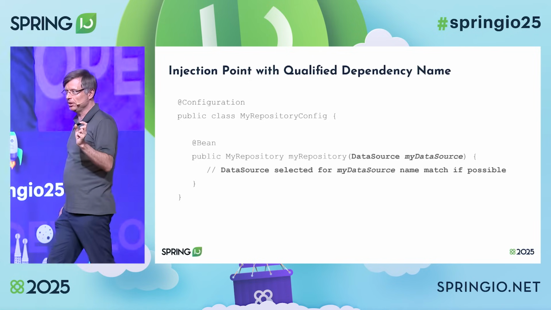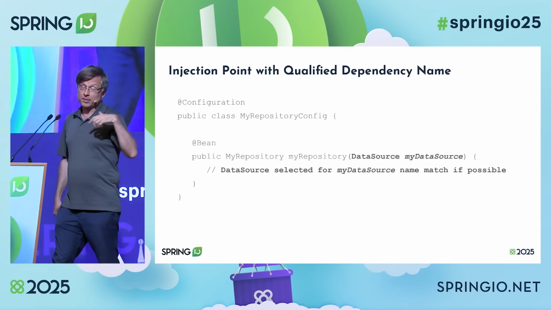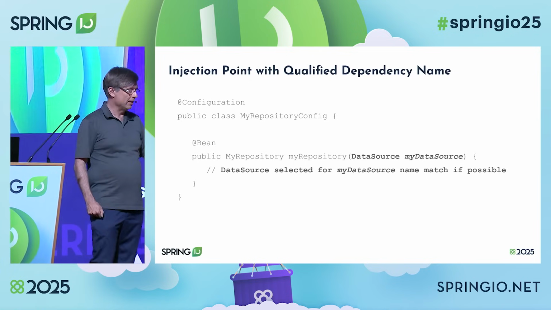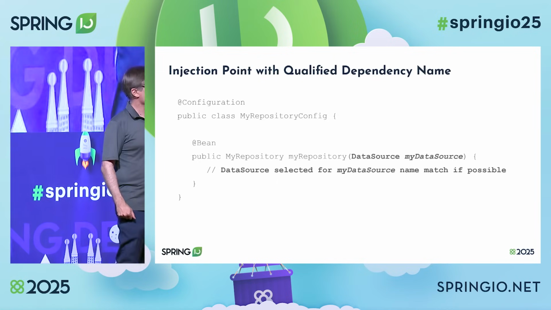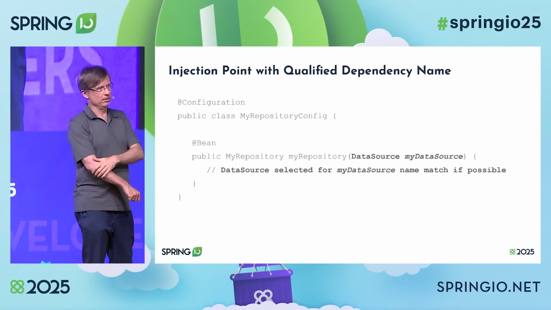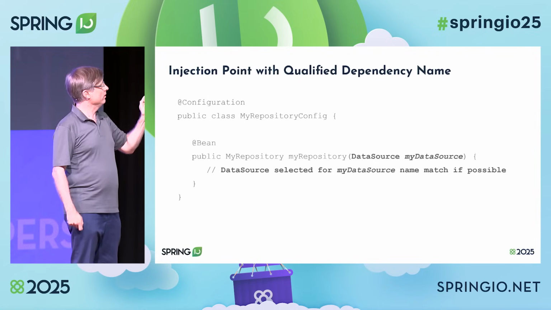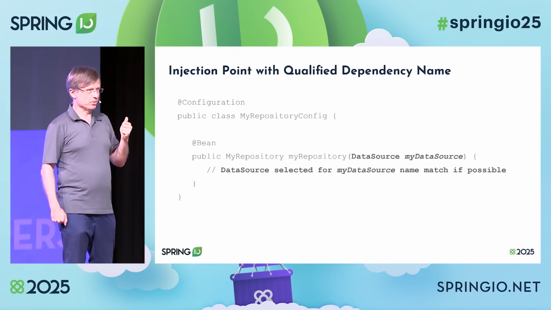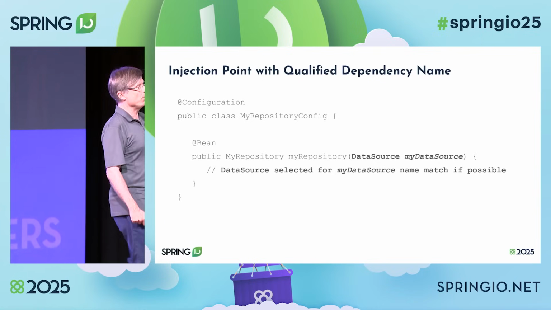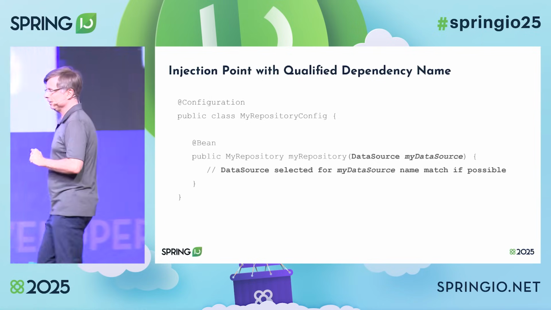What does the container do here? If there's more than one data source, and it can't uniquely resolve a single one, it's going to take that name into account. It's going to say, like, among my candidates, is there one with the name my data source? Technically, it's a string-based qualifier, so just like what we've seen before.